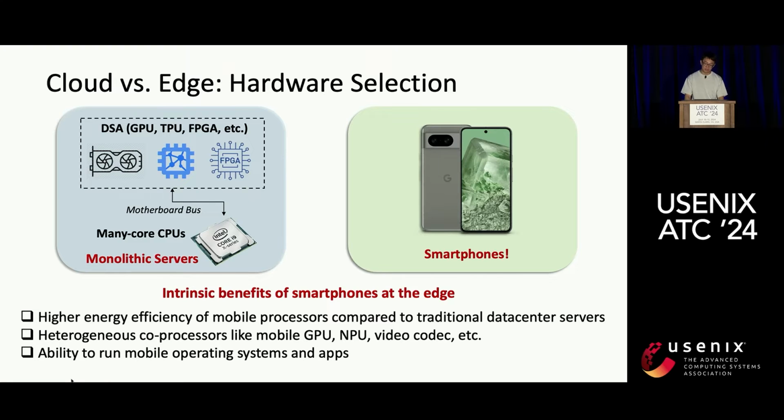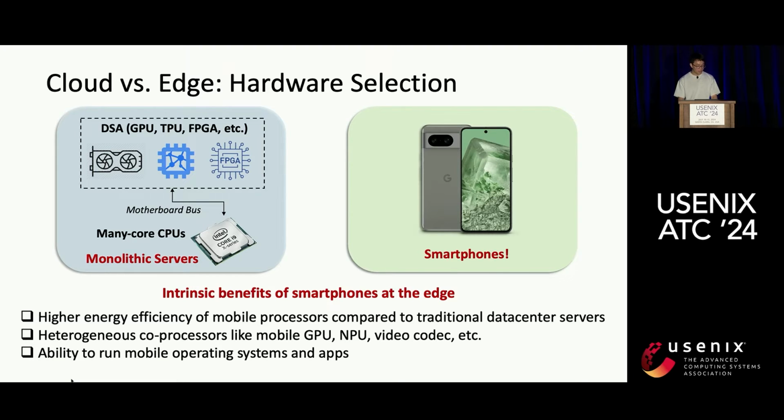This is because mobile processors usually use the ARM architecture and are designed for battery-operated mobile devices with intermittent usage patterns. The second is that these mobile processors are usually heterogeneous, with mobile GPU, NPU, and video codec. These coprocessors allow us to run both general purpose workloads on the CPUs and domain-specific workloads on the coprocessors.